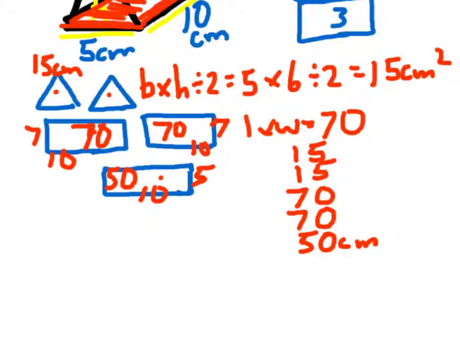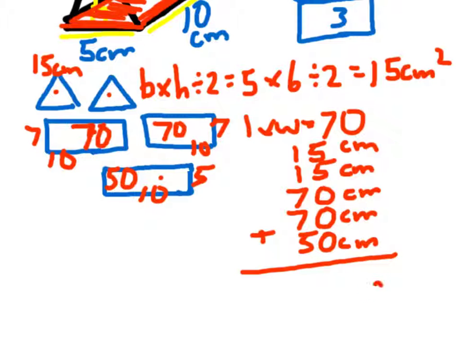I'll label them so I don't forget. We just add them all together, and your grand total will be the complete surface area. You should have a final answer for a total surface area of 215 centimeters squared.